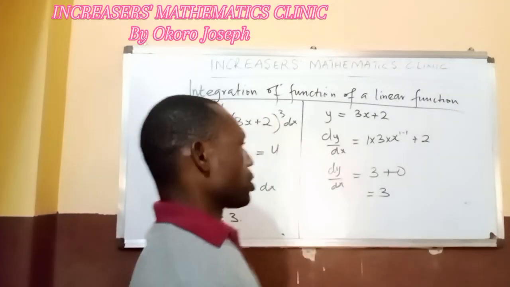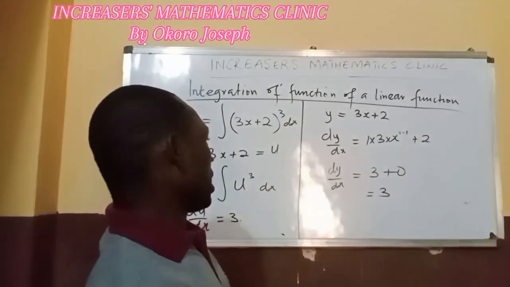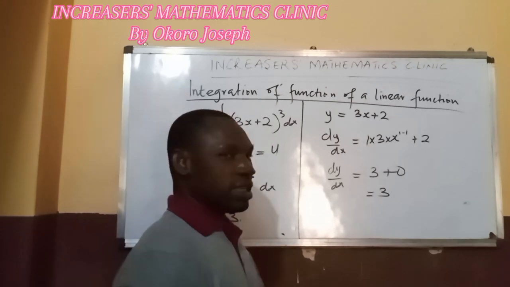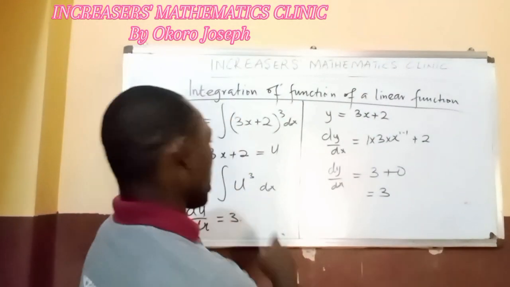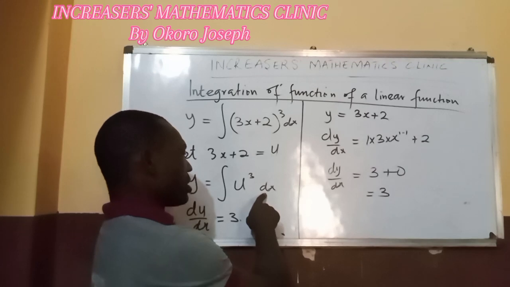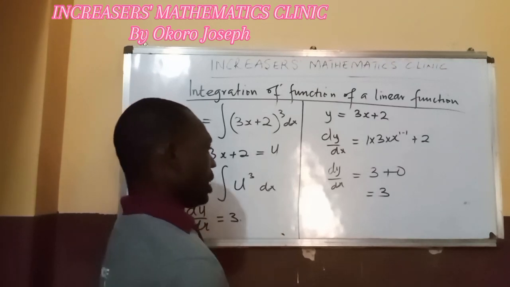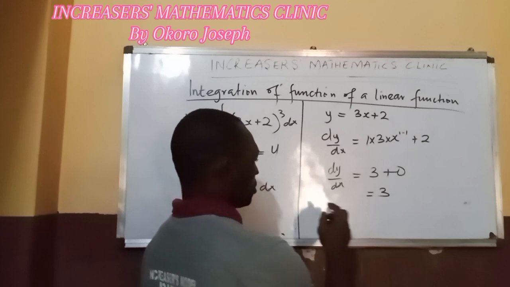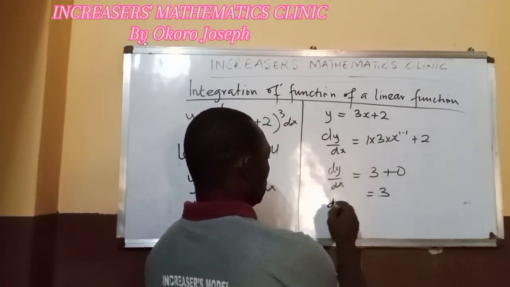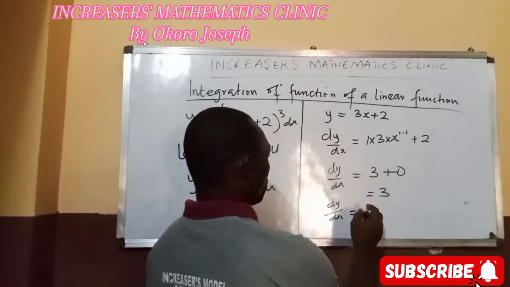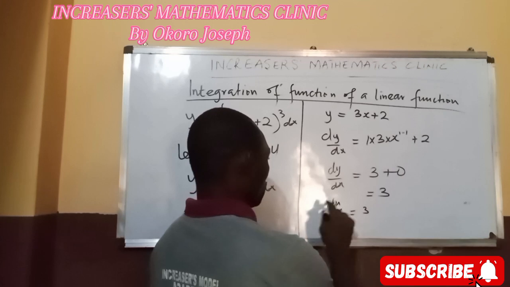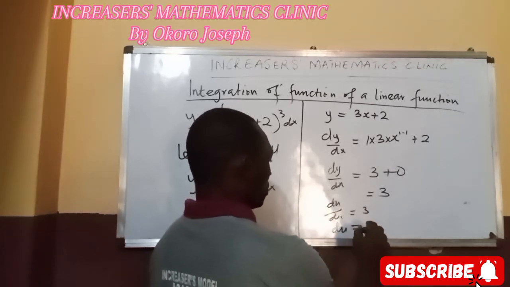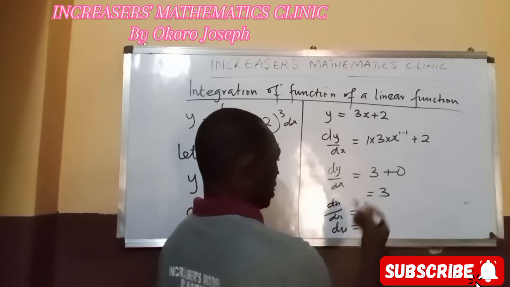And for me to substitute in the integral, I will need to make dx the subject of the formula so that I can conveniently replace dx with the value I have here. So we have that du dx is equal to 3, meaning that du is equal to 3 dx.